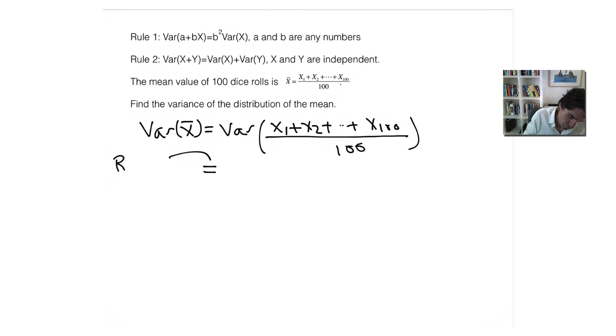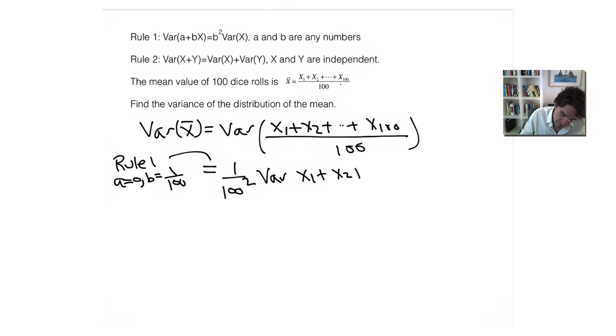So that's 1 over 100 squared times the variance of x1 plus x2 plus ... plus x100, the value on the 100th roll.